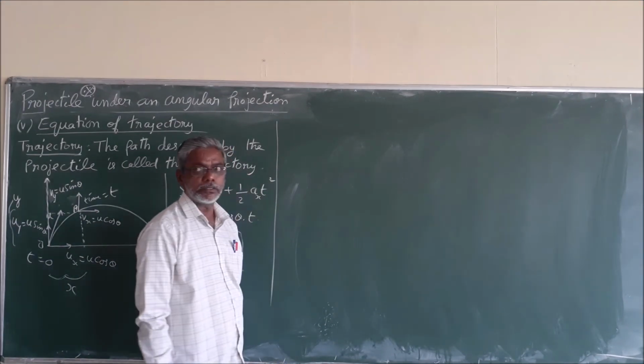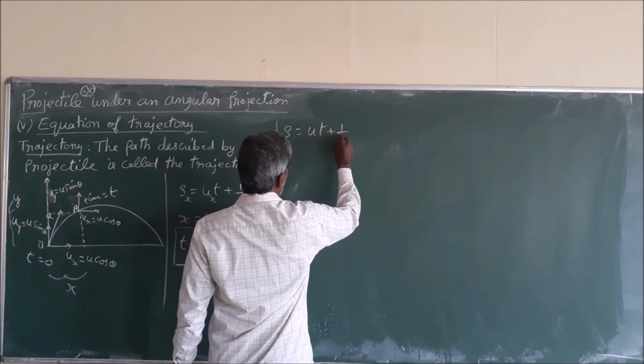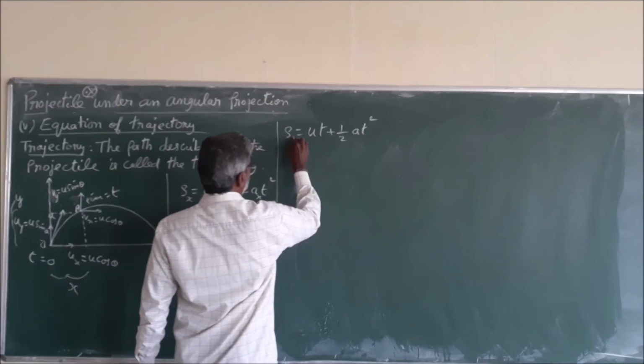Next we will go for the vertical component. s is equal to ut plus half a t square, and this becomes y.